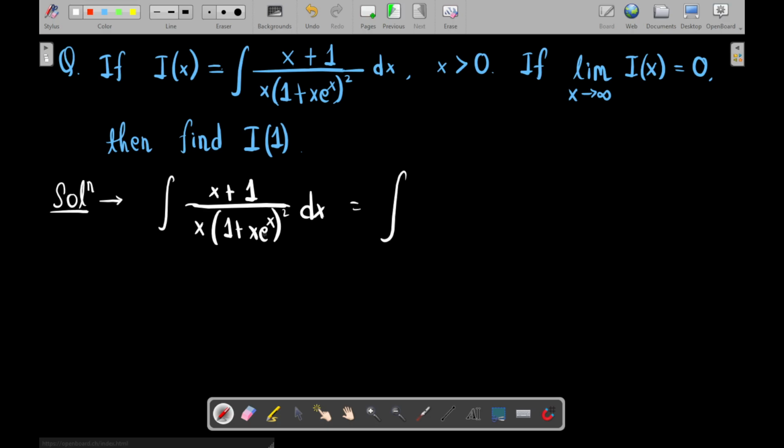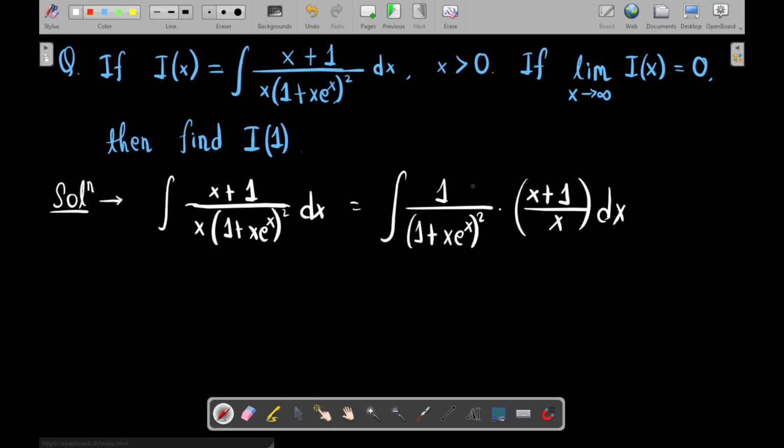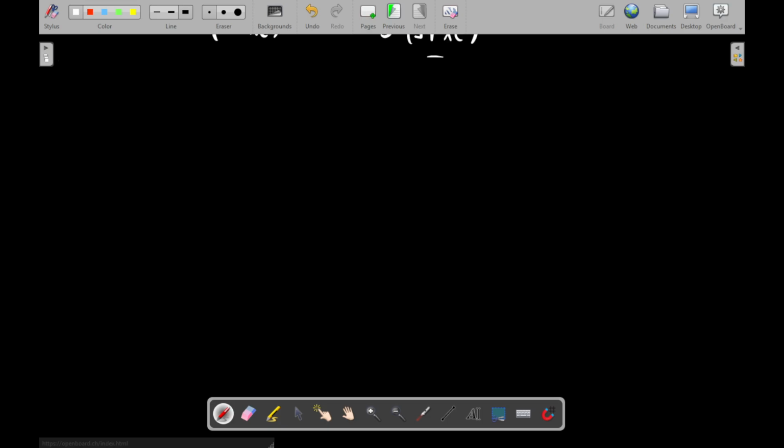Okay, so if I try to isolate this term in this integral, then we get 1 upon (1 plus x e to the power x) whole squared times (x plus 1) upon x dx. Okay, I've isolated it because if you take this term as u, there is a chance that you can get something like this. Okay, so let us see if we can get anything like this.